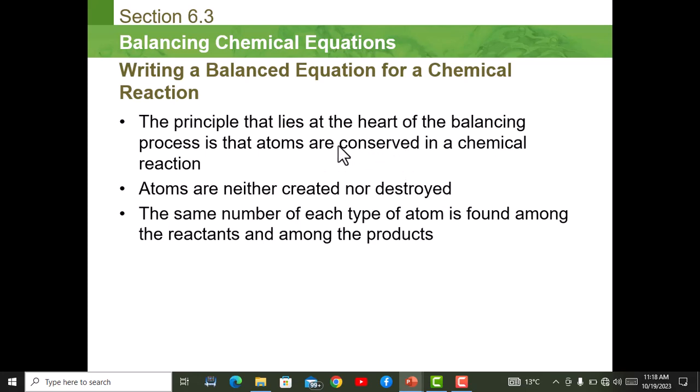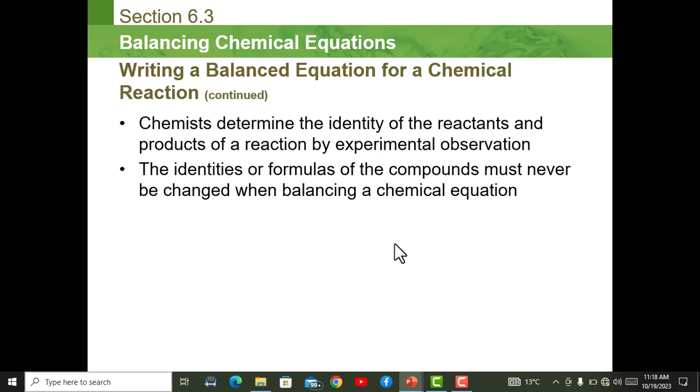Conservation of atoms. Atoms are neither created nor destroyed. The same number of each type of atom is found among the reactants and among the products. We looked at that. Chemists determine the identity of the reactants and the products of a reaction by experimental observations.